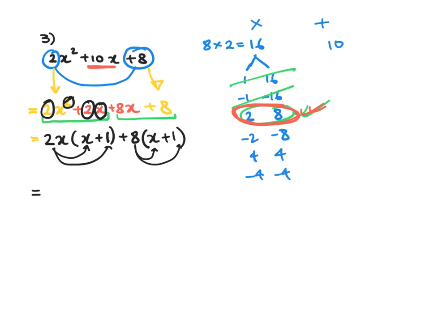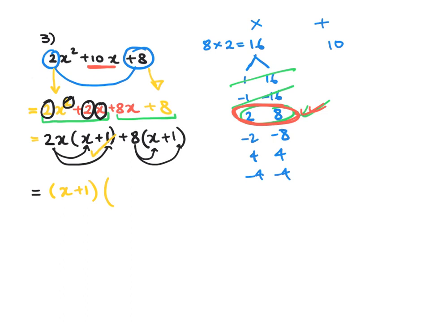Next line now is like this. We are looking at whether these two terms have anything in common. Looks like they do. This term has x plus 1 and this one has x plus 1. So that is common, and because it's common, we can take x plus 1 outside the brackets. Now we open the new bracket and we look.